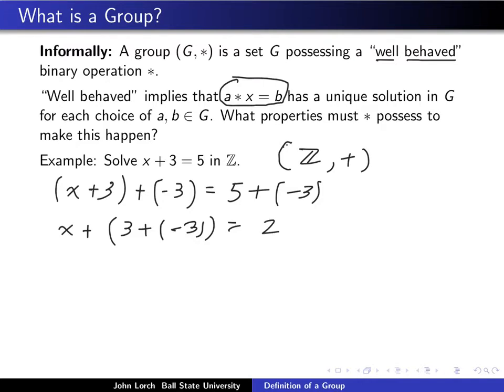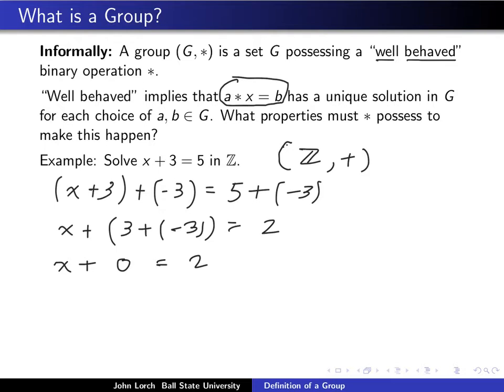All right. So now where from here? Well, the reason why we added minus 3 to begin with on the left side was so that we could take 3 and add it to minus 3 and get 0. So 3 plus minus 3 is 0. And on the right, we still have 2.